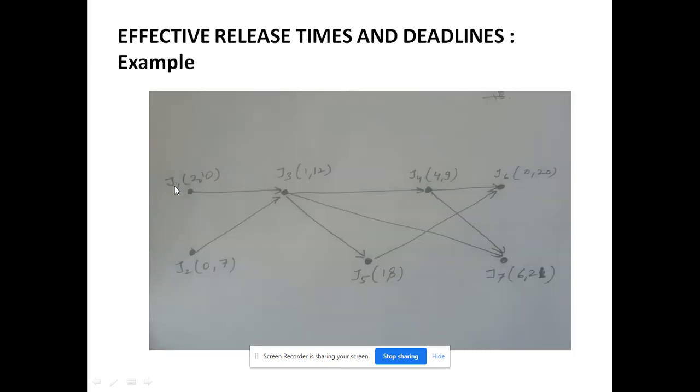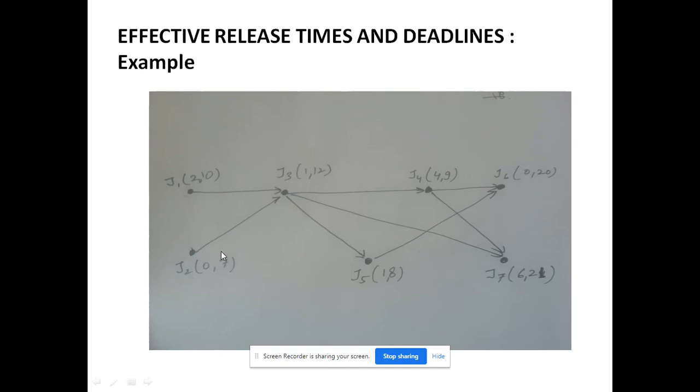Now J1. J1 has only one predecessor, J3. The given deadline of J1 is 10. The effective deadline of J3 is 8. So the minimum value is 8. So the effective deadline of J1 is 8. J2 also has only one predecessor, J3.